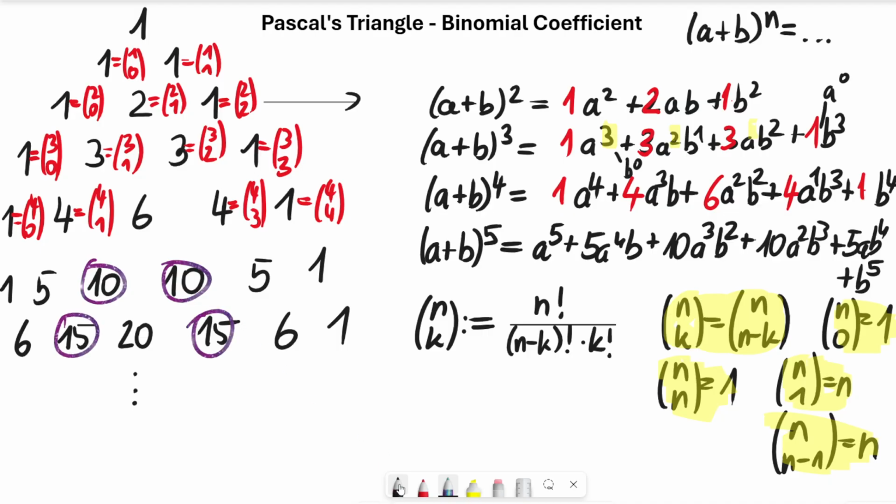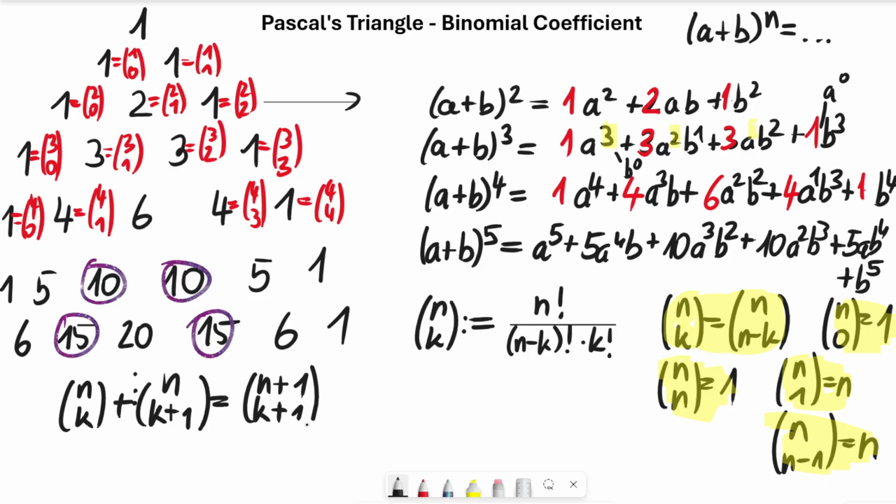There is even one more property, how actually to explain the 6 here. And you also will prove this one in the lecture or for homework. This property looks a bit difficult in general, but as I always say, plug in numbers. So for example, here 3 choose 1 plus 3 choose 2.